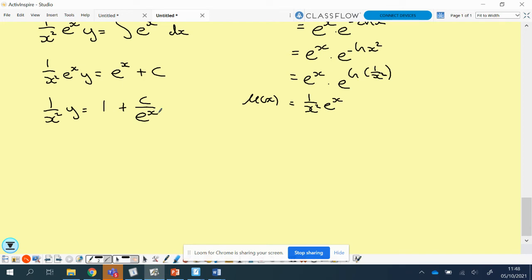And then if I times both sides by x squared, I'm going to get y equals x squared plus c x squared over e to the x.